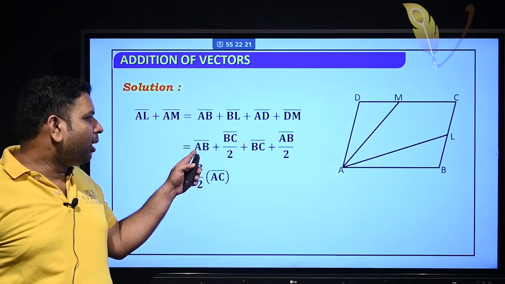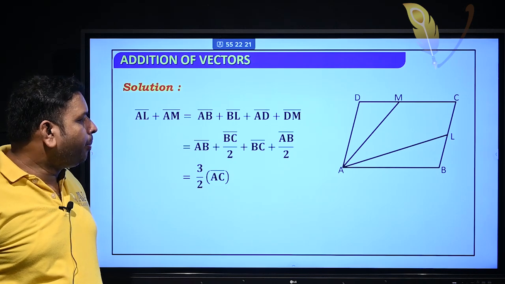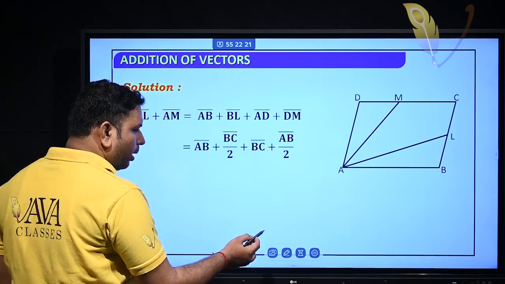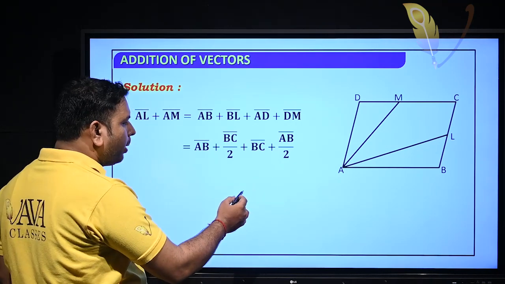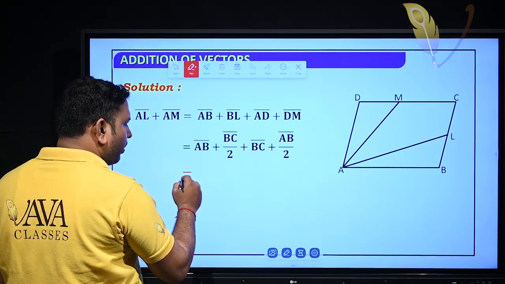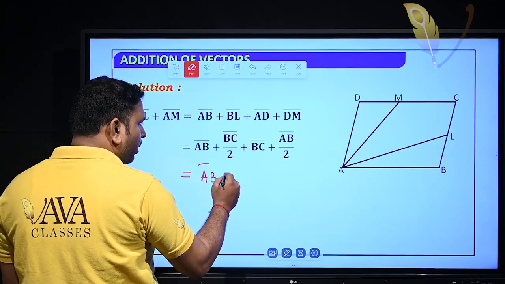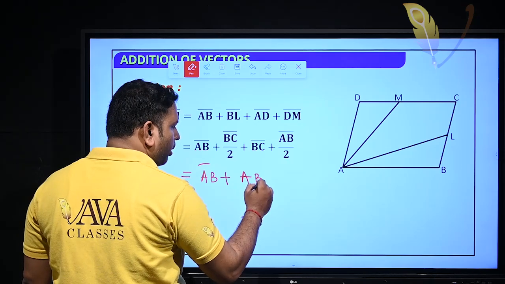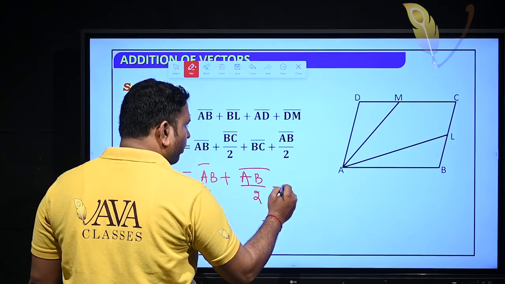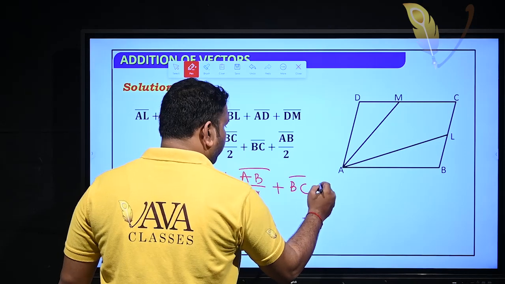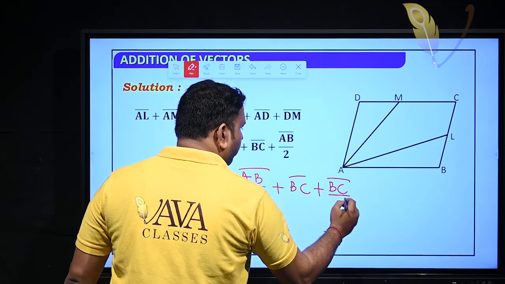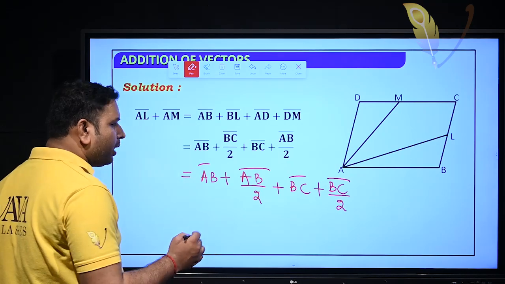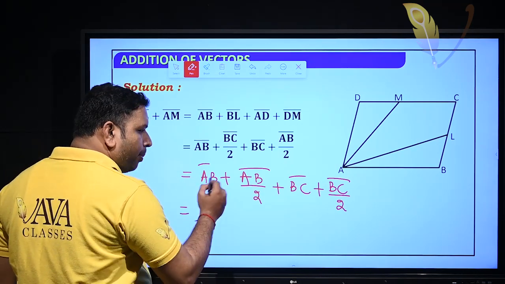So it is AB + AB/2 + BC + BC/2. Okay. AB + AB/2 is 3/2 AB, and BC + BC/2 is 3/2 BC. So it is 3/2 (AB + BC). Okay. AB + BC is AC.